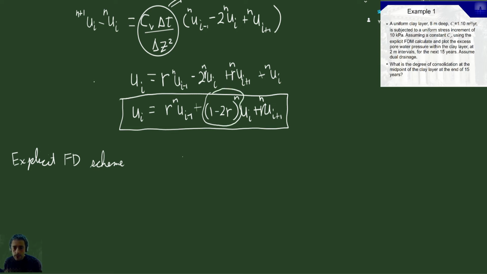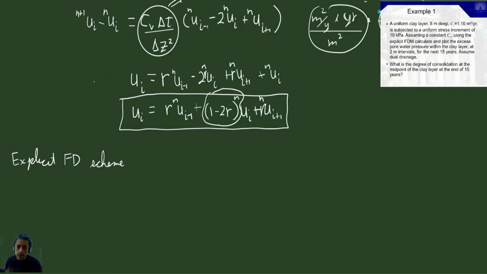So if I calculate the R value now, this CV is in what units? Meters squared per year. Delta t is going to be in years. So we have meters squared per year times year over meters squared. So basically, R is dimensionless. Important to note.